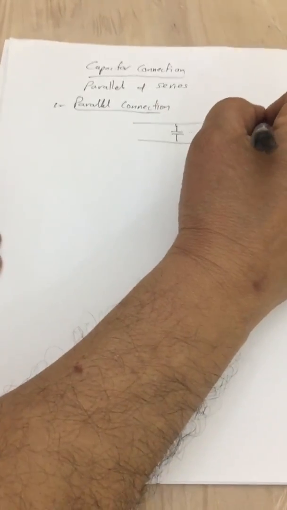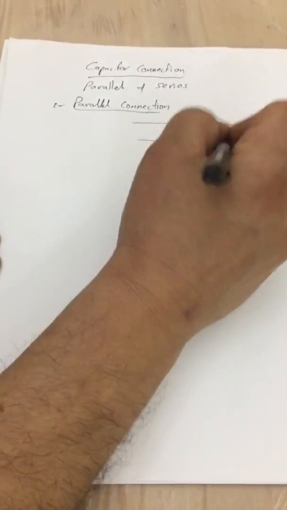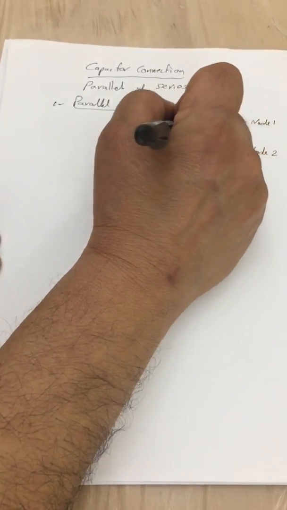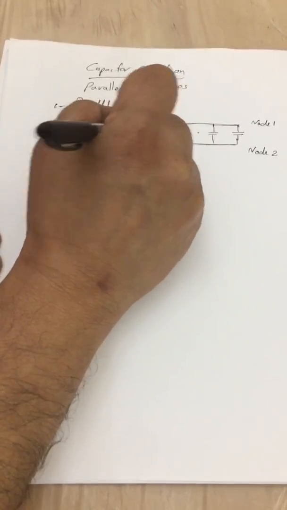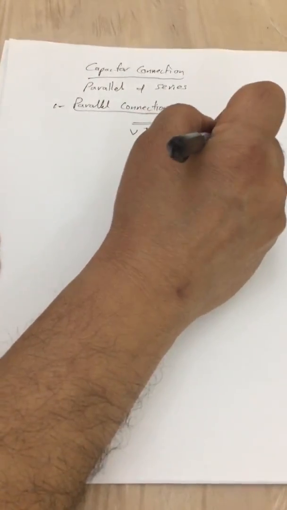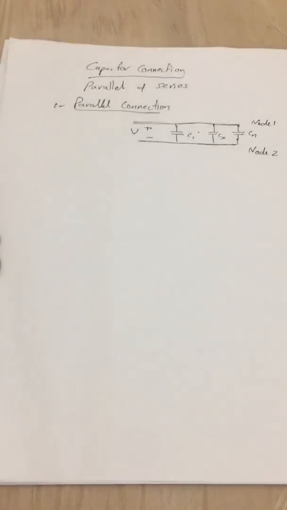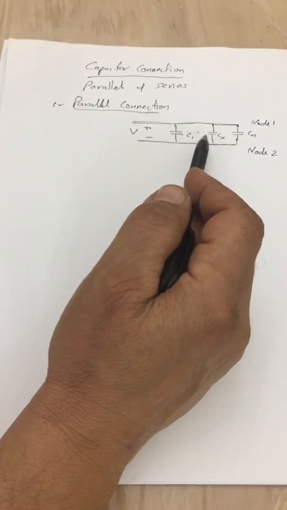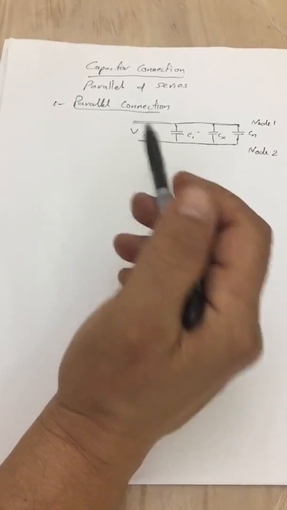This is node 1 and this is node 2, which means that all the capacitors have the same voltage. So if this is C1, this is Cx, this is Cn, then C1, C2, Cx, Cn have the same voltage.